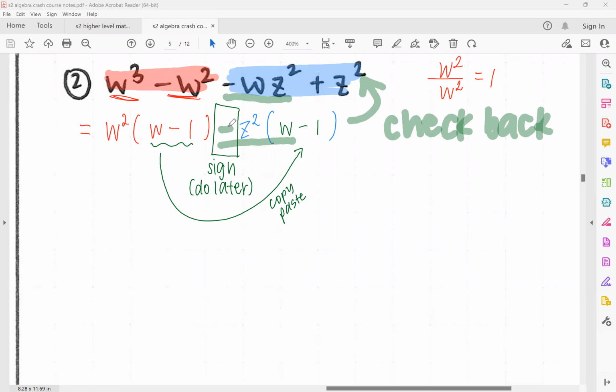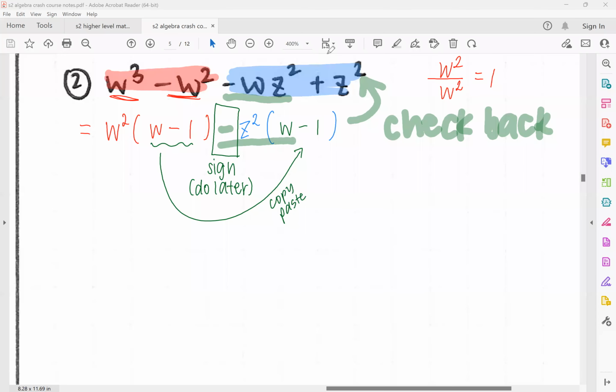Okay, so let's see. Negative Z square times positive W. Does it give me negative WZ square? Yes, right? Then now let's check again. Negative Z square times negative 1. Does it give me positive Z square? Yeah, so am I on the right track? Am I doing it correctly already? Yes. The end. Now you all can copy before we move on.